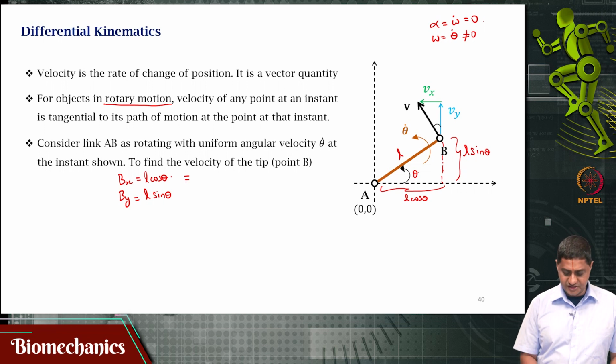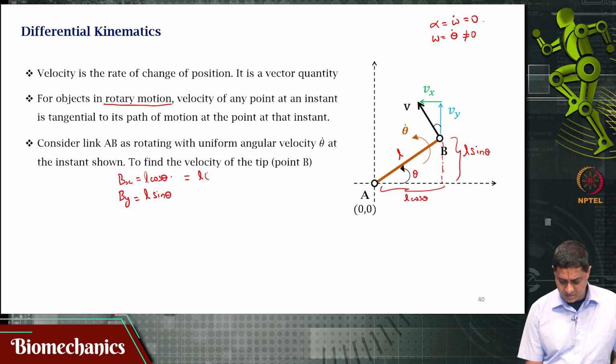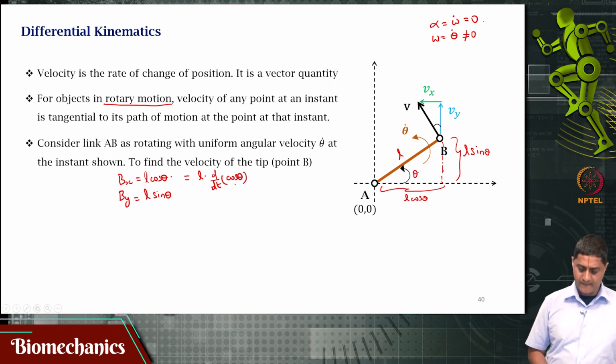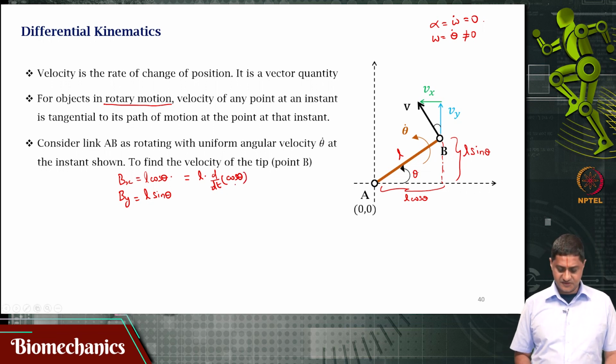So, I could differentiate because L dot is 0. I am not even considering that term in the chain rule. I can simply write this as L times d by dt of cos theta. Is it not?